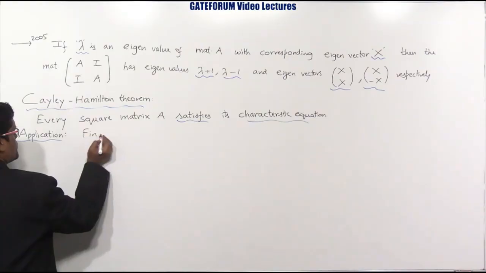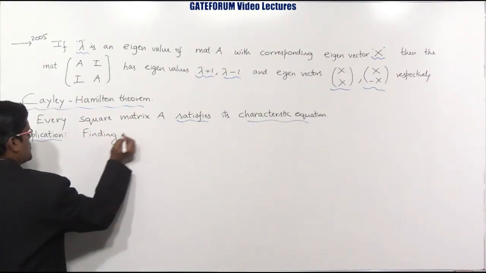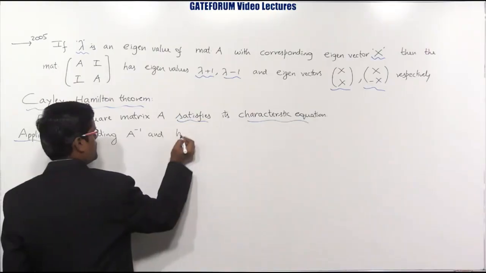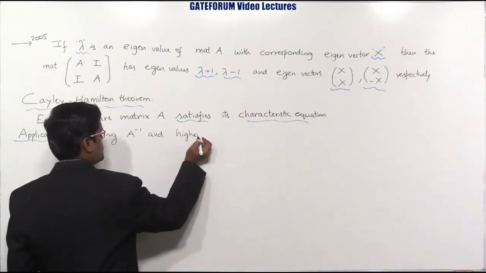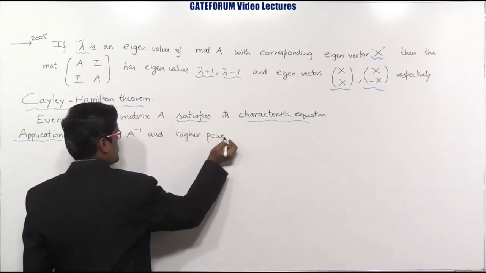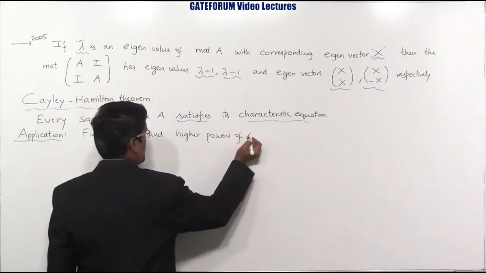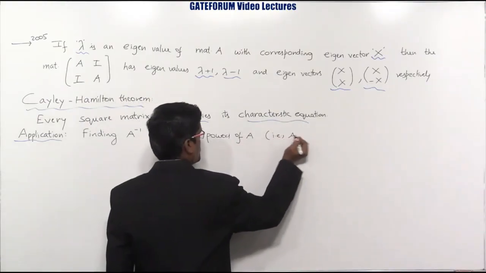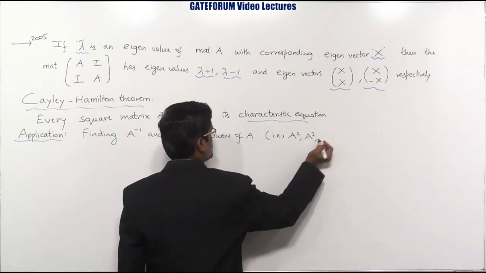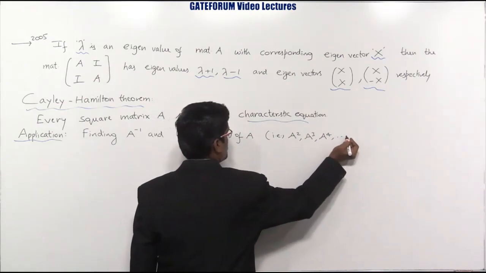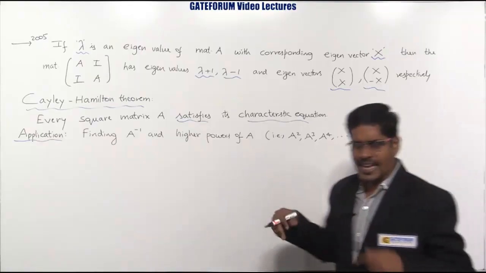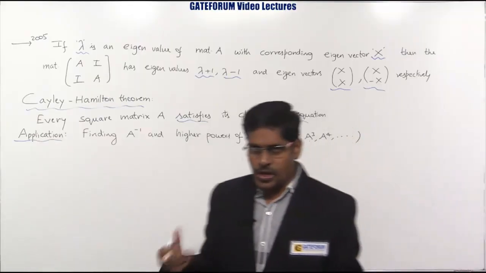Finding A inverse and higher powers of A, that is A square, A cube, A power 4, etc. And all these A inverse, A square, A cube, etc. are expressed as lower polynomials in A.